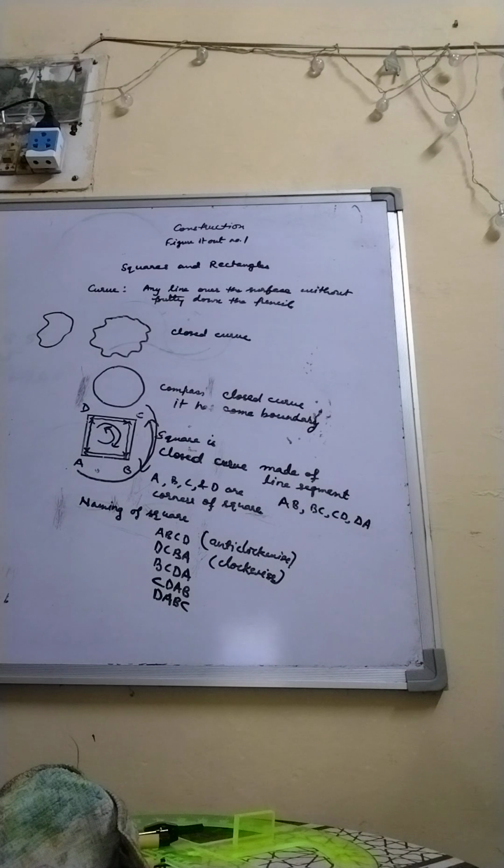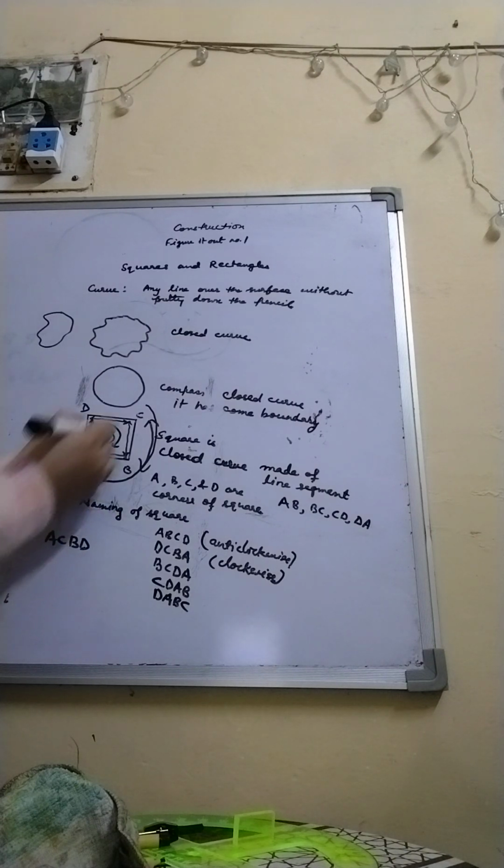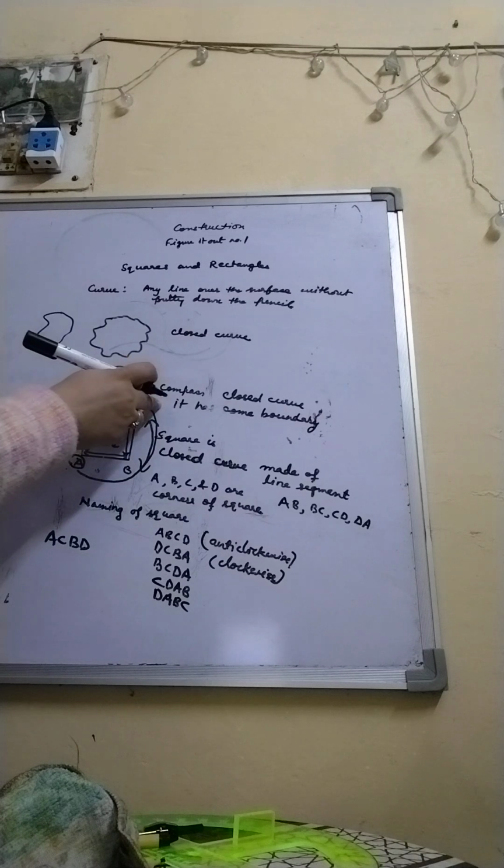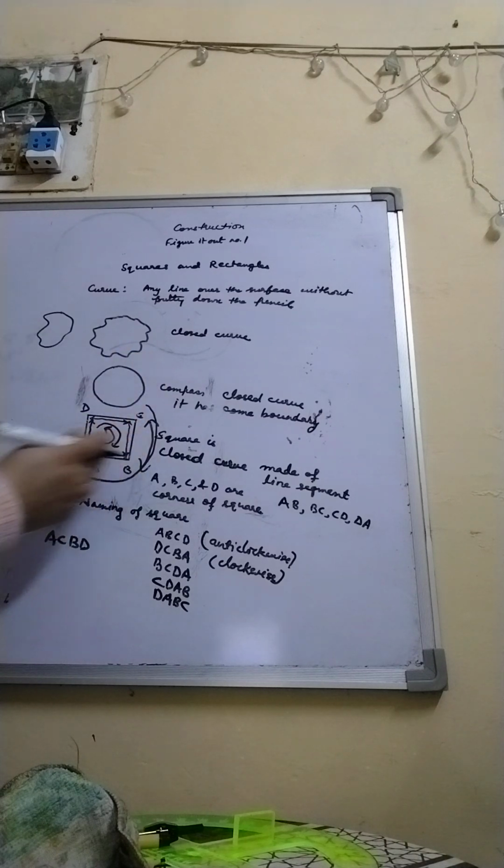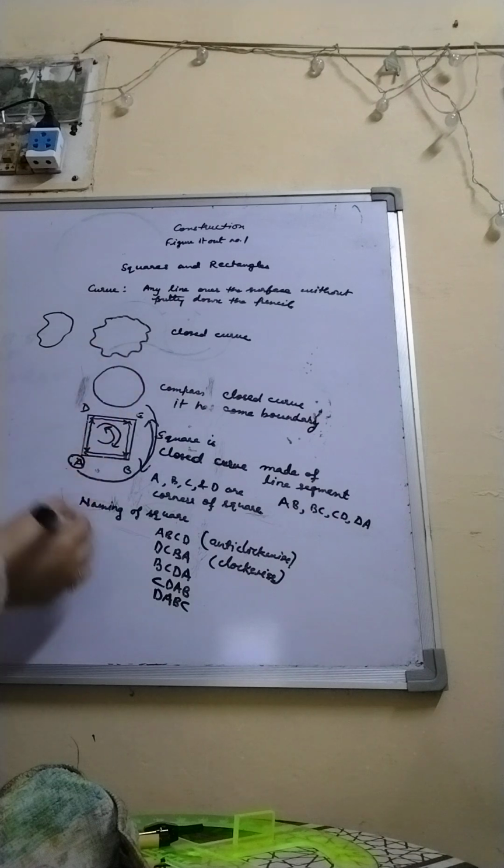Like this you can write the name of the square. But you cannot write ACBD. Where is A? A is here and C is just opposite to it, not at the side of A. So this naming you cannot do.